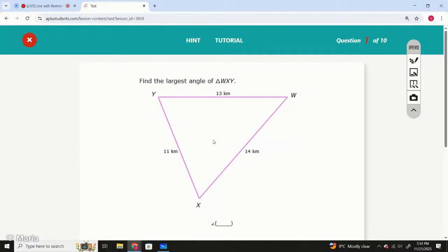Find the largest angle in WXY. So in triangle WXY, XY is 11 kilometers, WY is 13 kilometers, and WX is 14 kilometers. So we need to find the largest angle in the triangle.